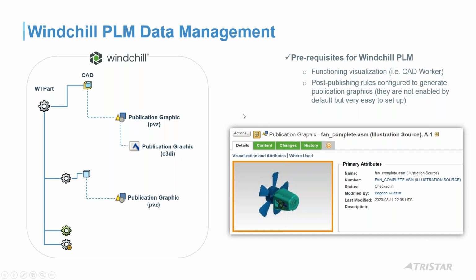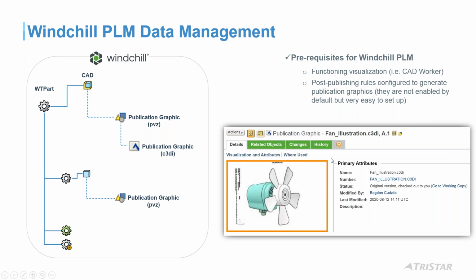The publication graphic itself is the actual Creo Illustrate file. And again, Creo Illustrate can be checked into Windchill. Like you've seen me opening the models from Windchill, I can definitely check those in. And the illustrations that you create are also published as these viewables inside of Windchill.